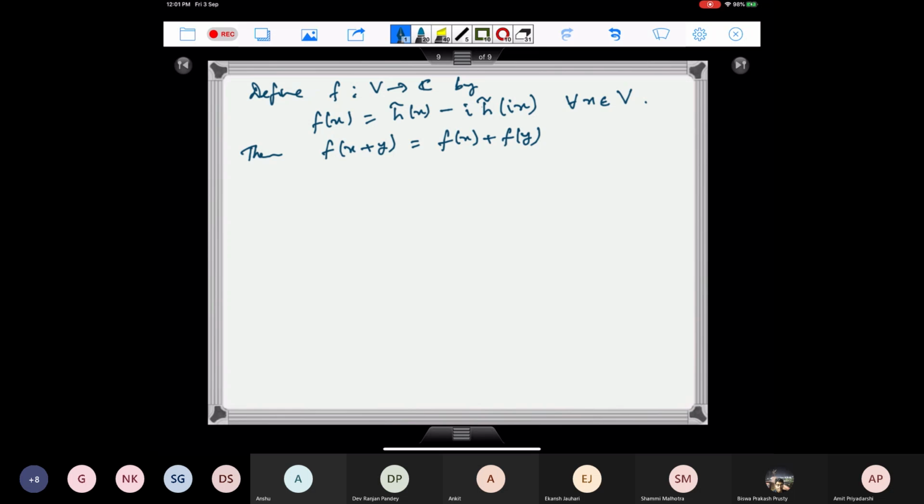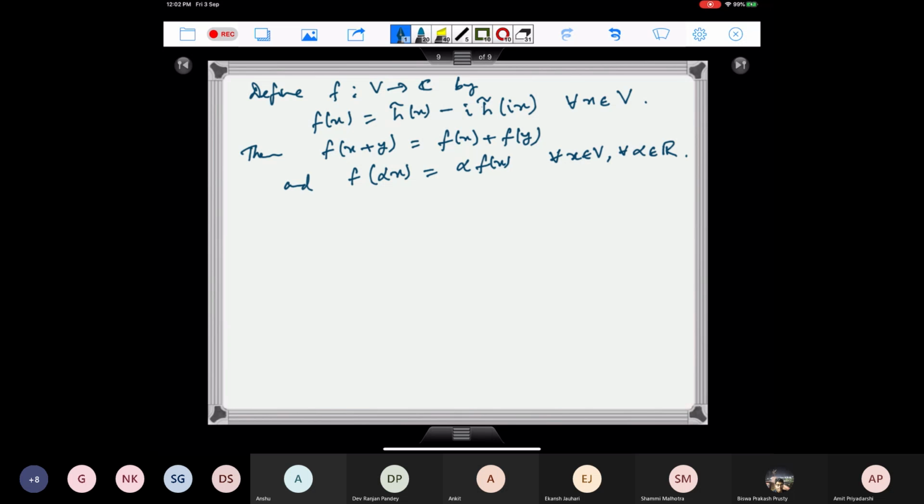Also, f of alpha x is equal to alpha times f of x for all x in V and for all alpha belonging to R. But we cannot say this directly for alpha complex, because h tilde is a real linear map.